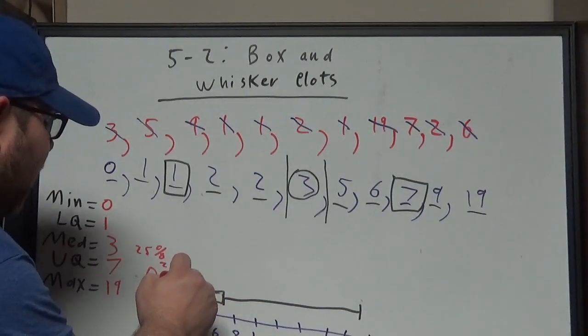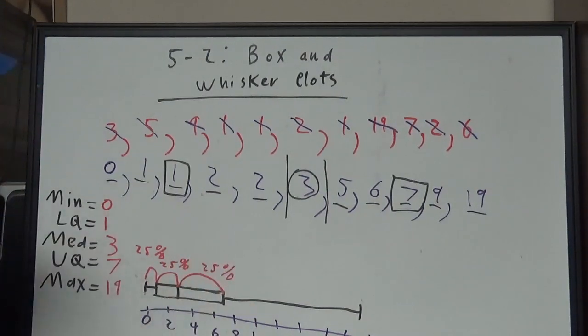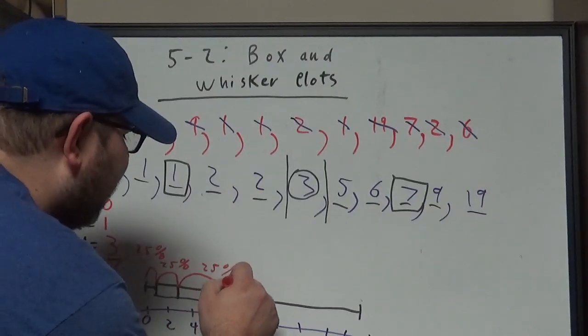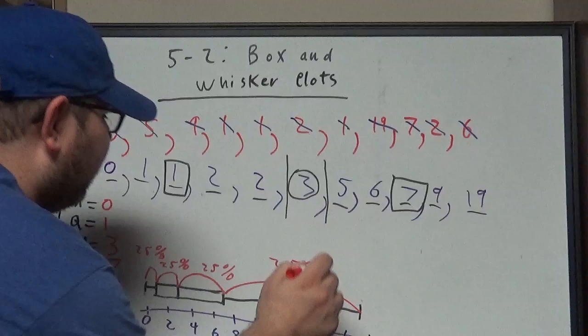Well, there's a big jump for our next 25%, or a pretty big looking jump, bigger than what we've seen. But still, this is 25%, 25%, 25%, and then the last bit of it is another 25%.